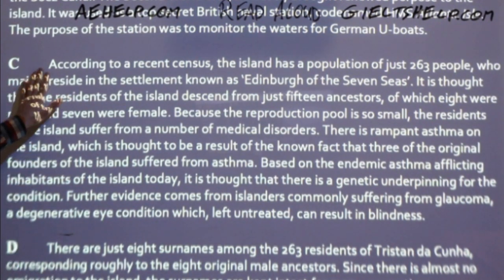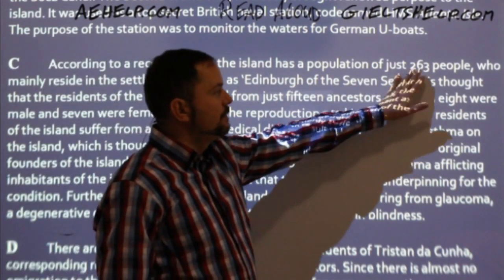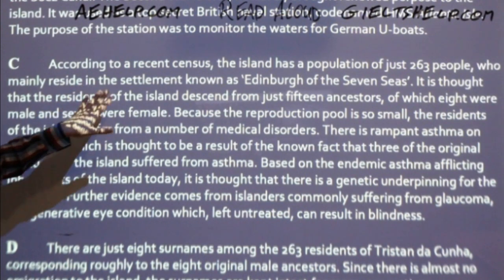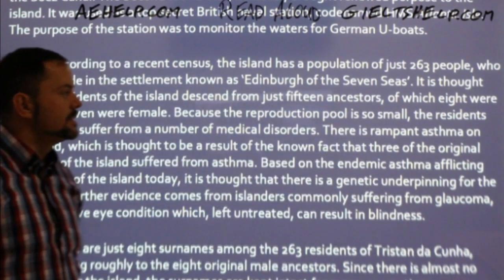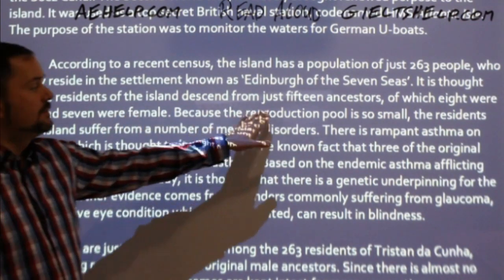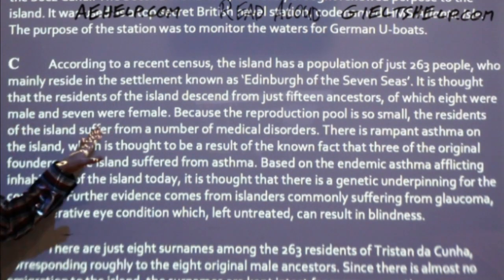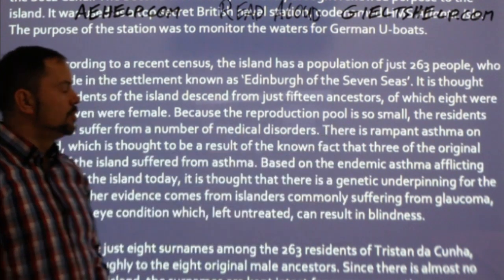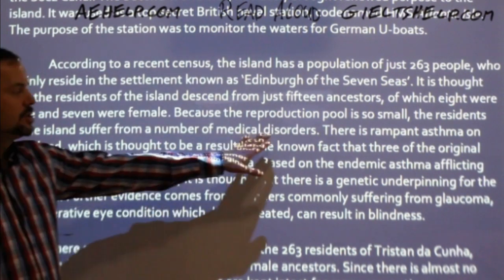See, according to a recent consensus, the island has a population of just 263 people who mainly reside in the settlement known as Edinburgh of the Seven Seas. It is thought that the residents of the island descend from just 15 ancestors, of which 8 were male and 7 were female. Because the reproduction pool is so small, the residents of the island suffer from a number of medical disorders.